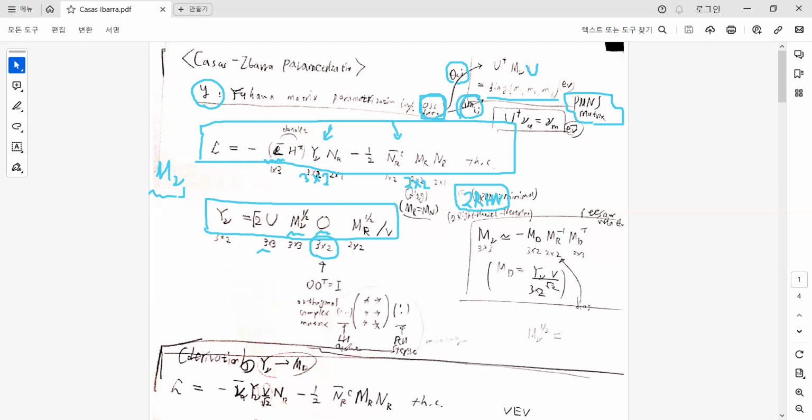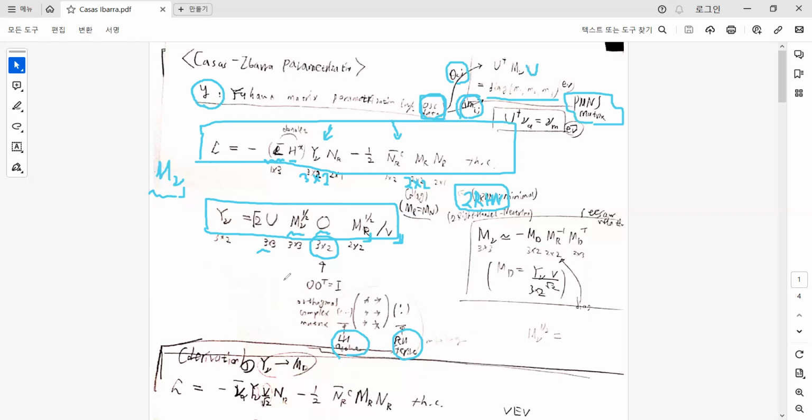It represents some mixing between the left-handed active neutrino and the right-handed neutrino. And there is also the neutrino mass matrix diagonalization through the inverse of the vacuum expectation value of the Higgs field.